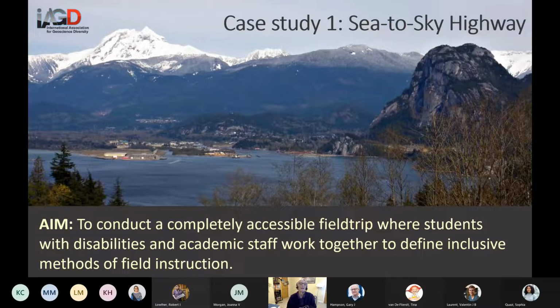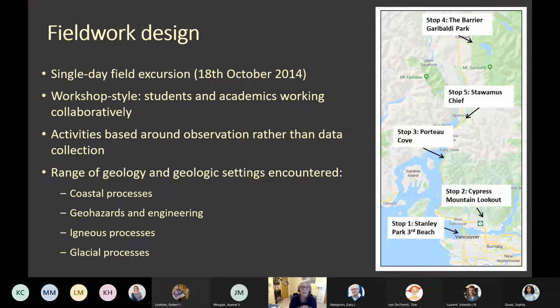So the aim here was to conduct a completely accessible field trip where students with disabilities and academic staff could work together to help define inclusive methods of field instruction. So this took place in 2014, and it was part of the suite of field trips that was run for the 2014 GSA annual conference, which happened to be in Vancouver that year.